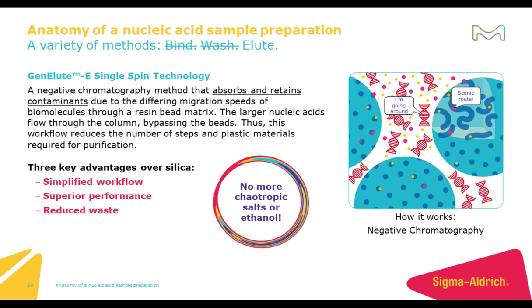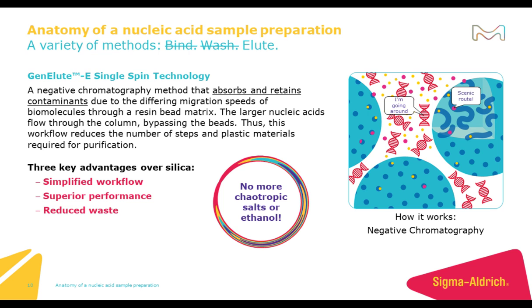Instead of binding the nucleic acid and running the risk of insufficient binding or nonspecific binding of your sample, negative chromatography uses size exclusion to fractionate the components of the sample by size. This eliminates process biases associated with binding nucleic acids to a membrane or to a bead.